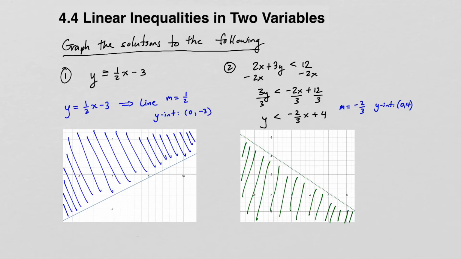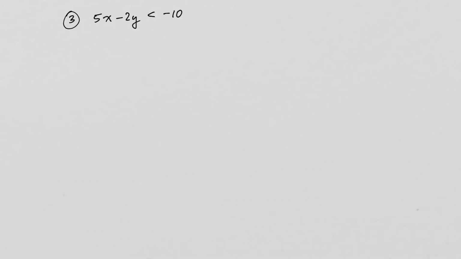Let's try one more. So here we have 5x minus 2y is less than -10. So just like we did in the other problem, I'm going to solve for y first. So I subtract 5x from both sides, and this gives us -2y is less than -5x minus 10.